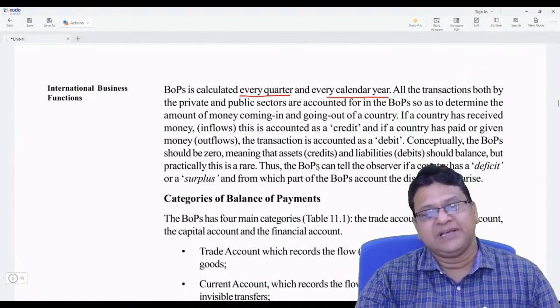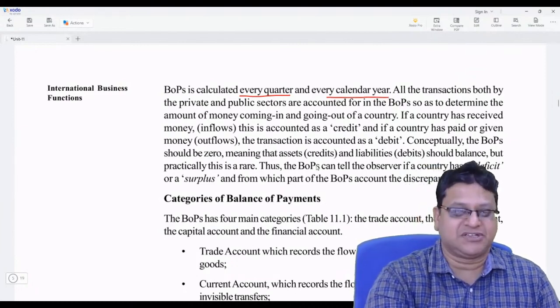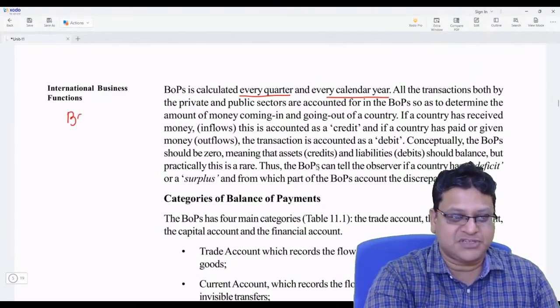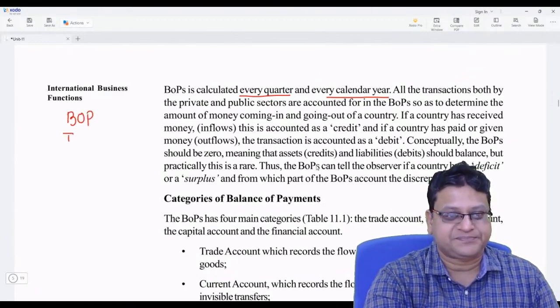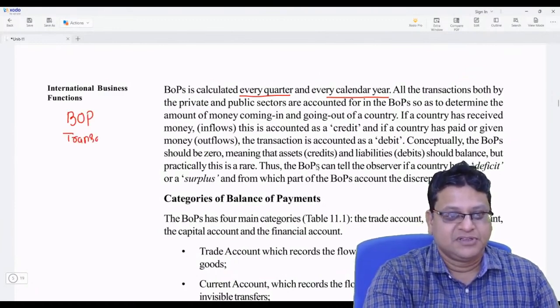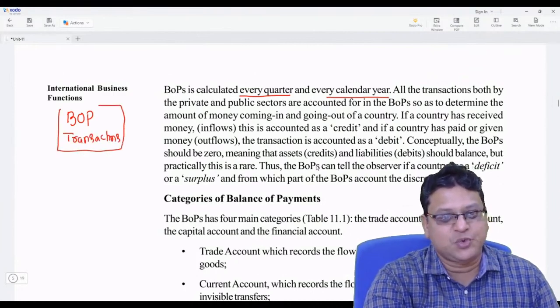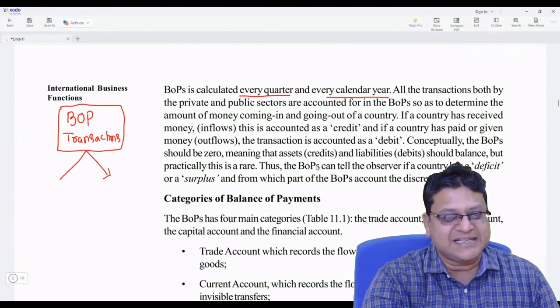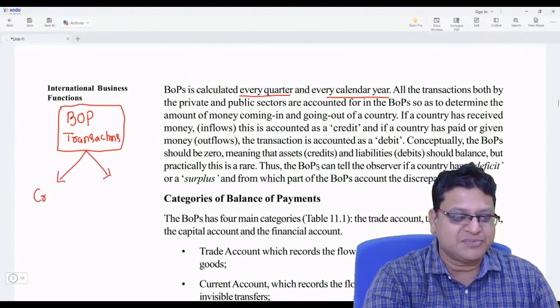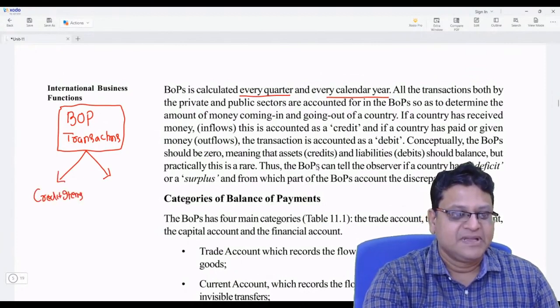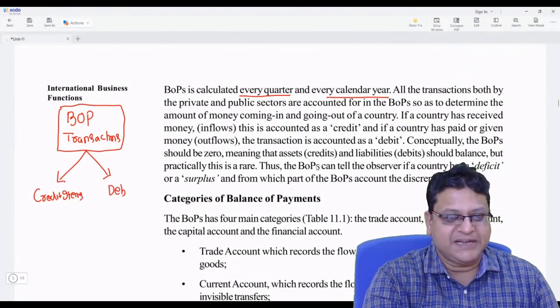In BOP, there are two types of transactions. What are the two types? The BOP transactions can be classified into two parts: one is credit items and another is debit items.